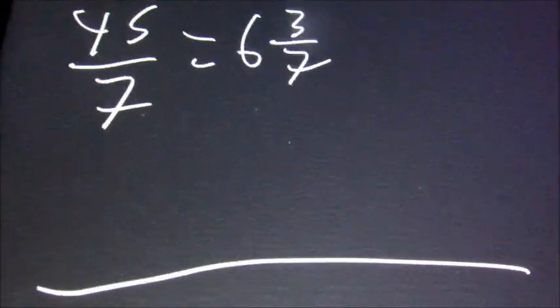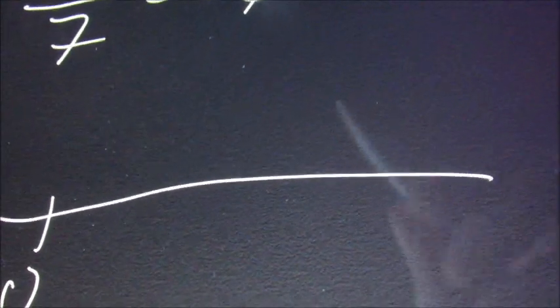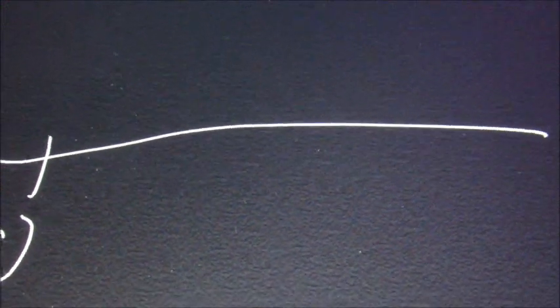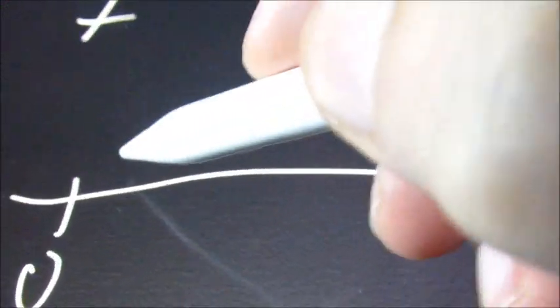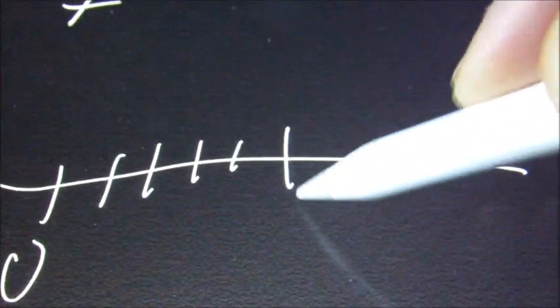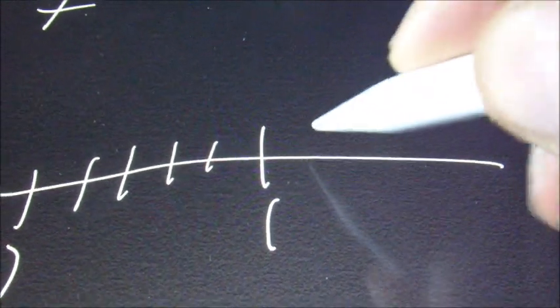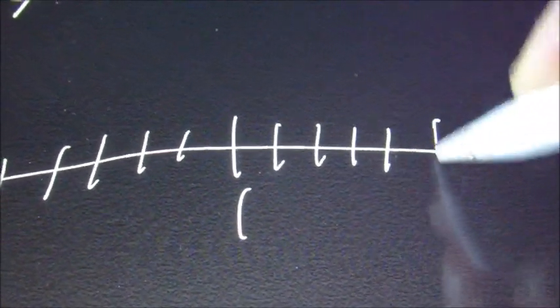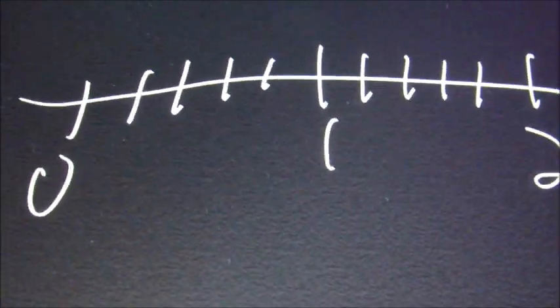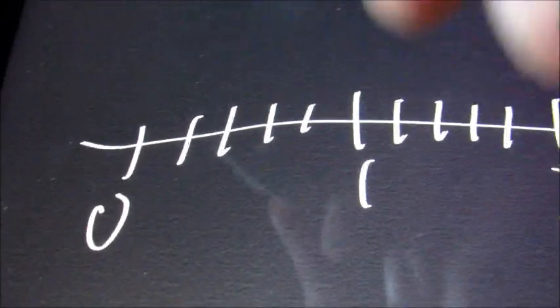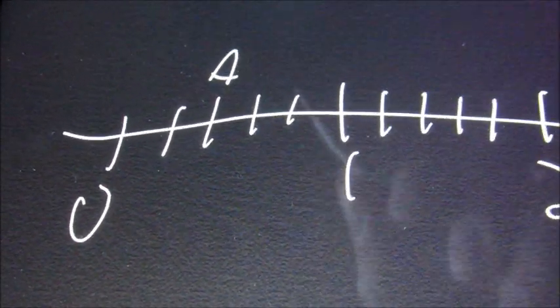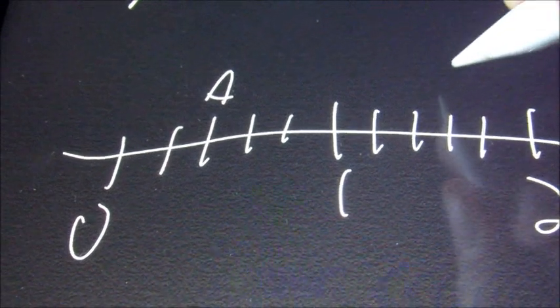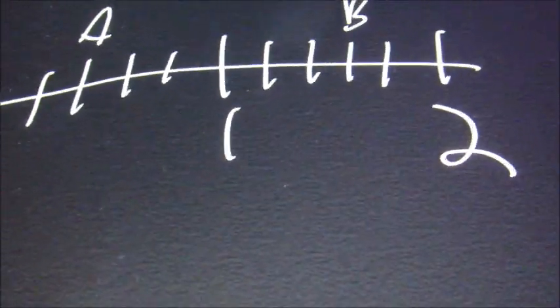Now you can have some, like we did in a previous section, of a number line. So say we have 0 here, 1, 2, 3, 4, then 1, 1, 2, 3, 4, 2. And we need to find what A and B are.